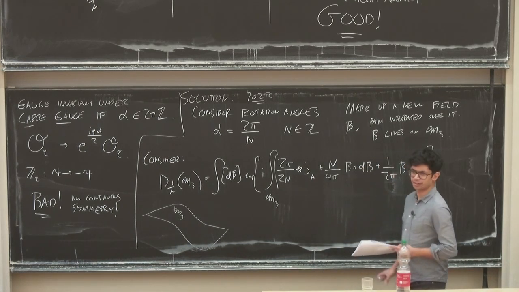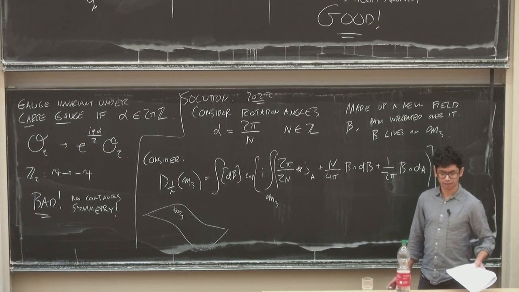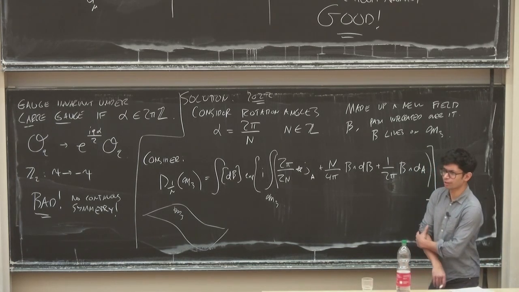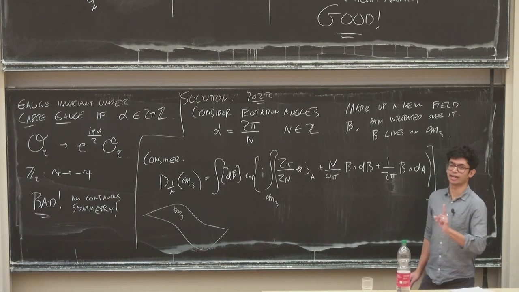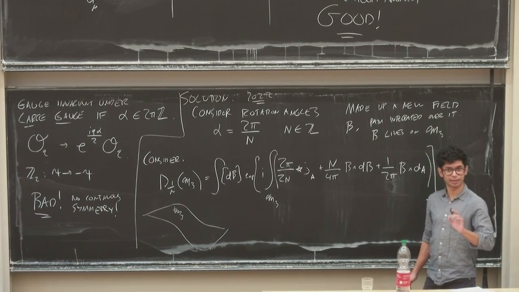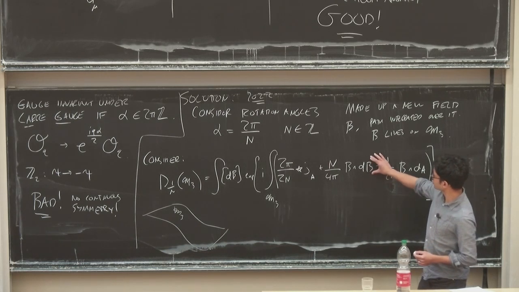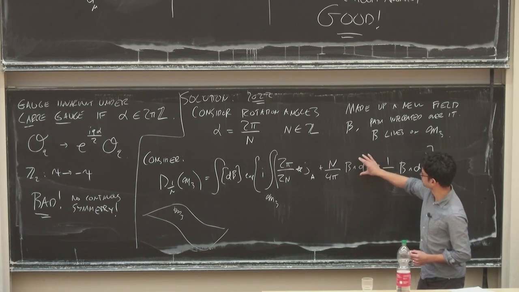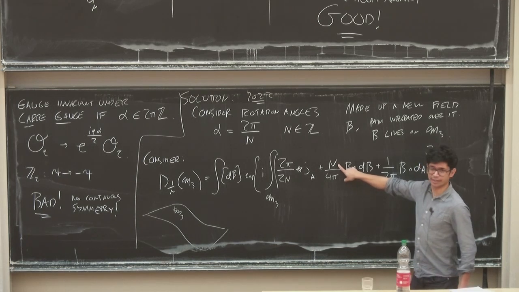Now, why have I done this? What am I doing with this? So the first thing I want to point out is that this object is well defined. Let's just make sure it's well defined. The action for B, B wedge dB, has the n in the numerator.